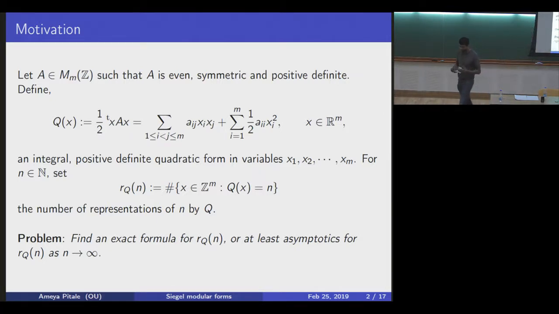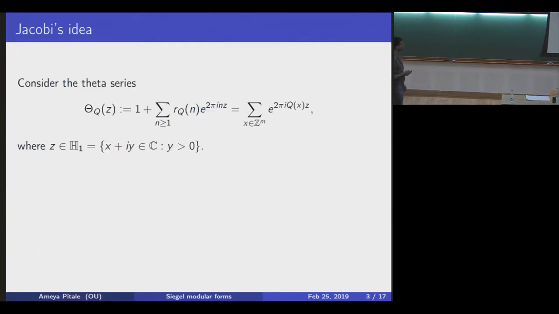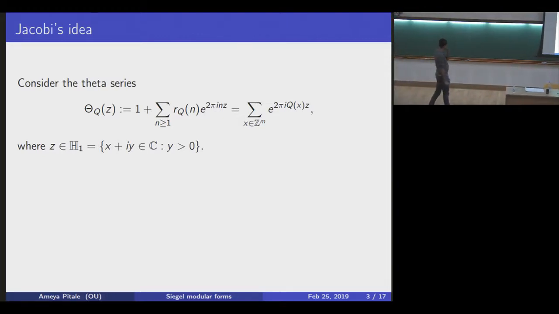One of the ways of attacking these quadratic forms and representation numbers, just like in the previous talk, is to write down this theta series, where you sum over all elements in Z^n, and you put the Q(x) in the exponent, and you get this nice formula in terms of e^(2 pi i n z), and the coefficients are exactly your representation numbers. And the z is from the complex upper half plane. Just like Ulf was saying, he did this in the specific case of sum of 4 squares.